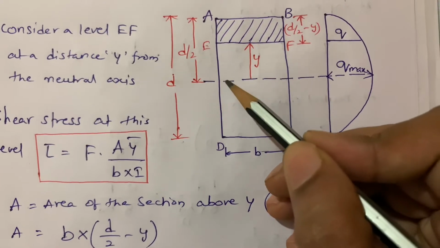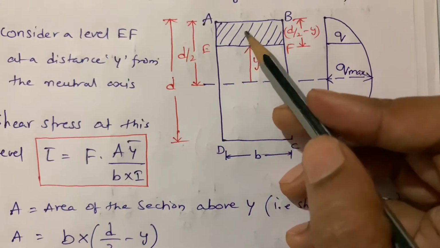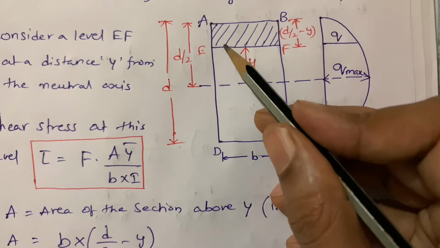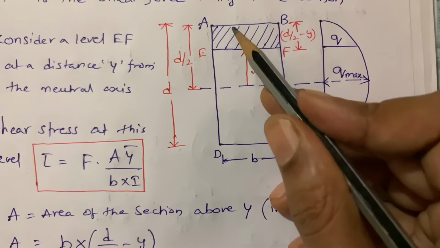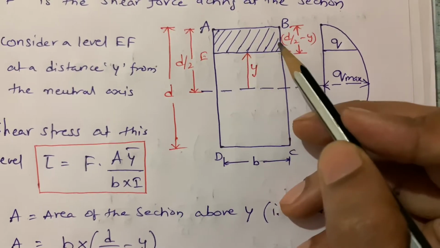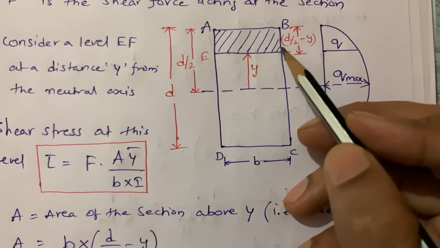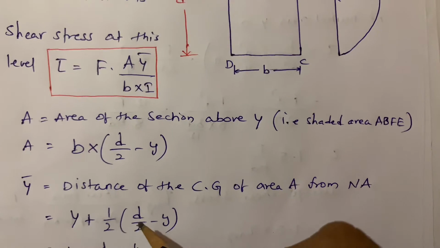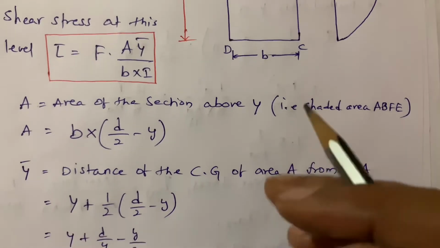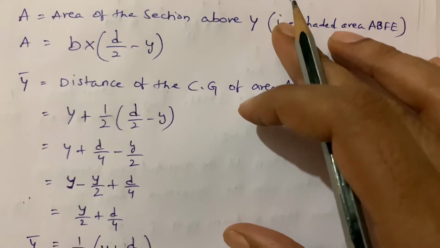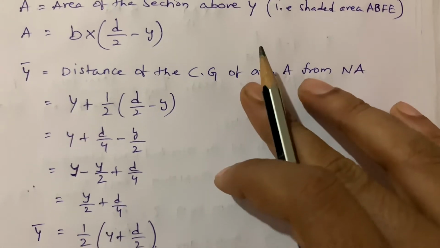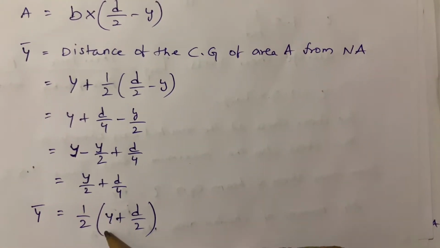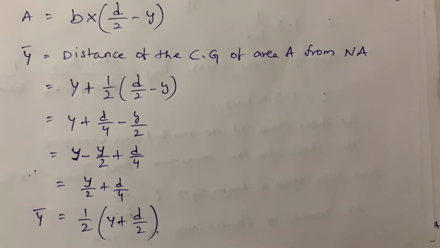Half of this section is (D by 2 minus y) by 2, which is why I wrote half of (D by 2 minus y). After calculating this equation, I got y bar as half into (y plus D by 2).